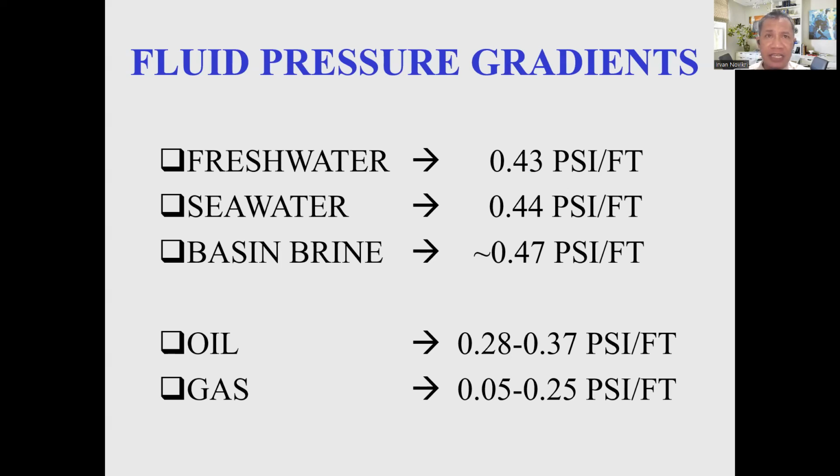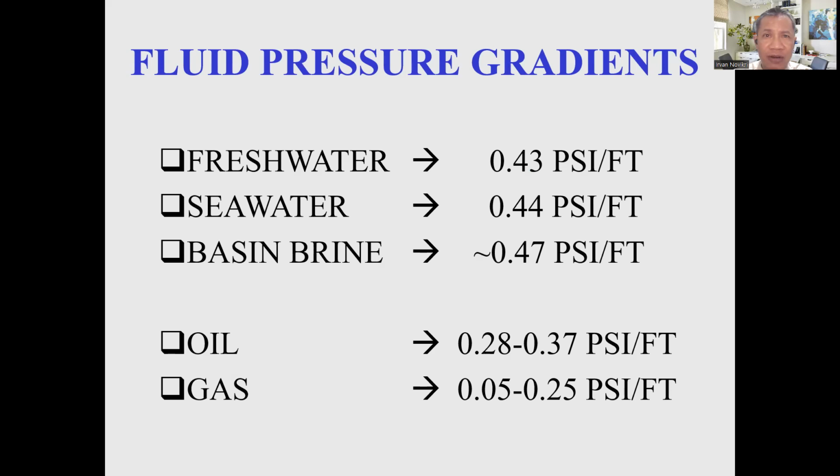This pressure gradient indicates how the pressure of each fluid changes as you move vertically upward or downward, with freshwater and seawater having similar pressure gradient, basin brine having a slightly higher pressure gradient, and oil and gas having lower pressure gradient.